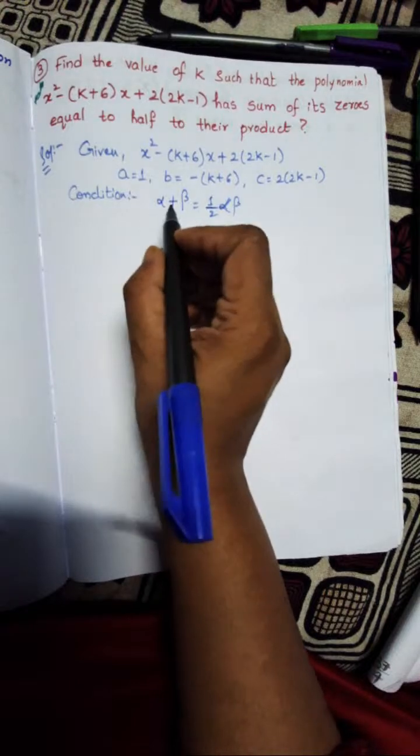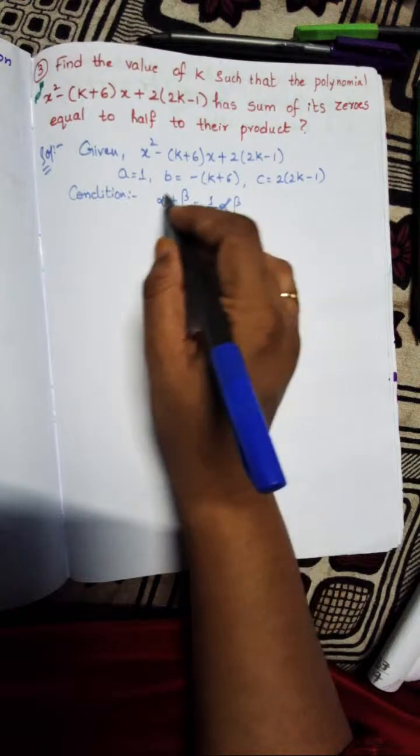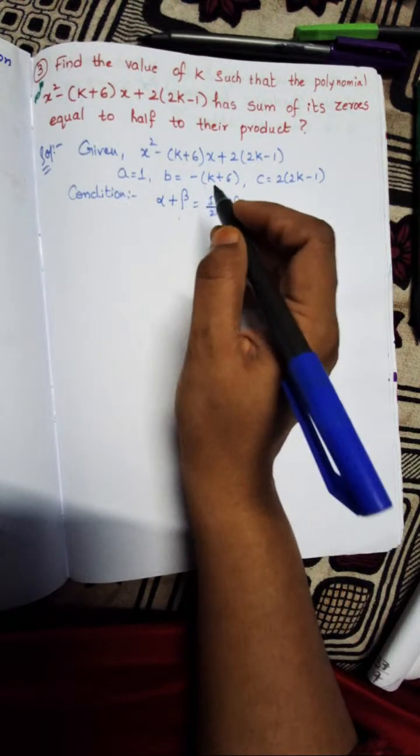So now we have to find alpha plus beta and alpha beta, and substitute in this condition, then we will get the value of k.